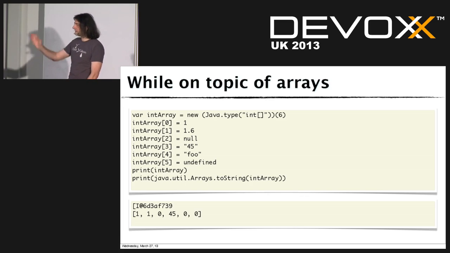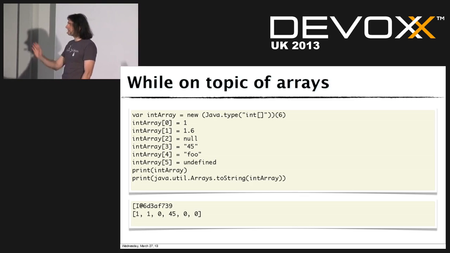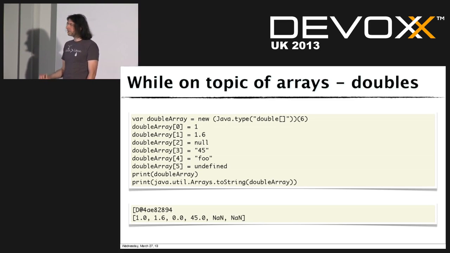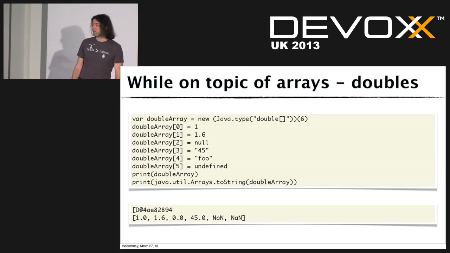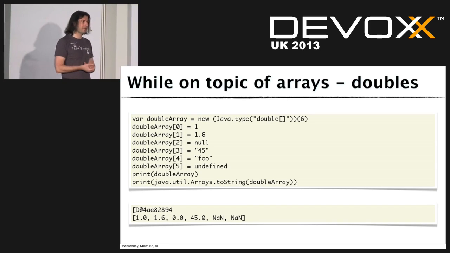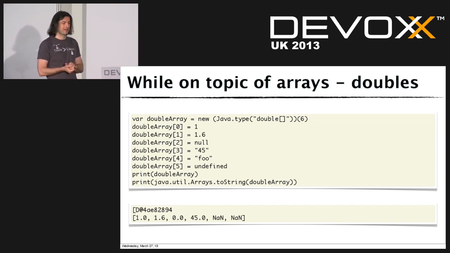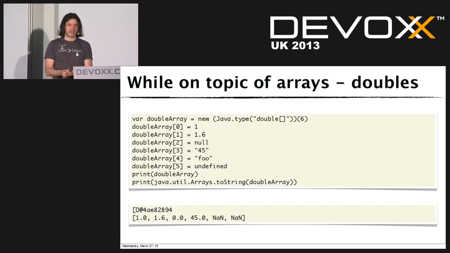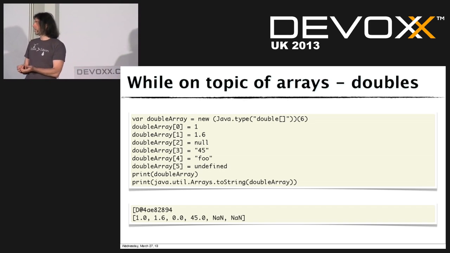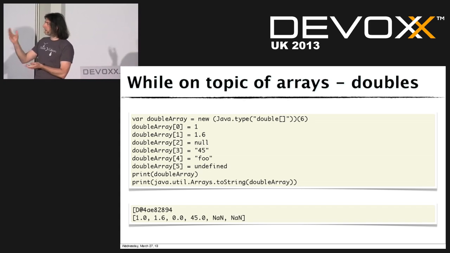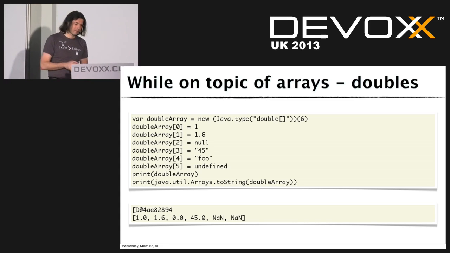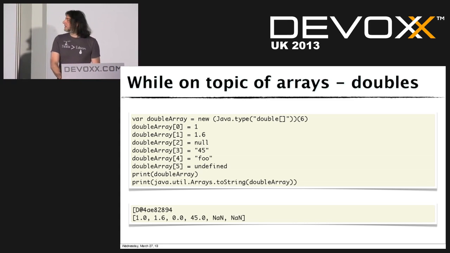Null converts to 0. Undefined converts to 0. The string foo converts to 0. On the other hand, the string 45, if it's a string that represents a decimal number, then it actually has to be converted. Oh, and doubles are truncated, of course. So, yep, this is how it works.